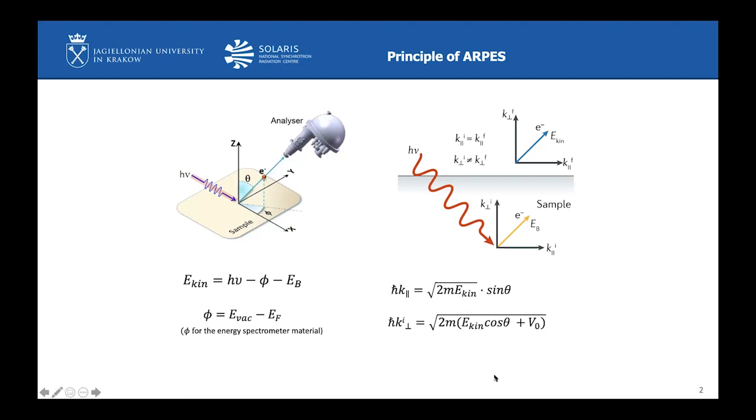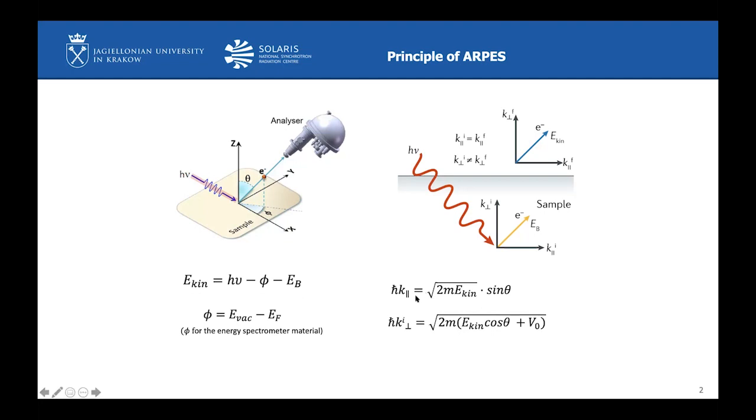So the first of the equations is very easy, because it is the relation between the kinetic energy and the binding energy. And as you can see, this relationship is linear, so there is not much problem with that. The second one is a tricky one, because it is strongly nonlinear, as you can see.